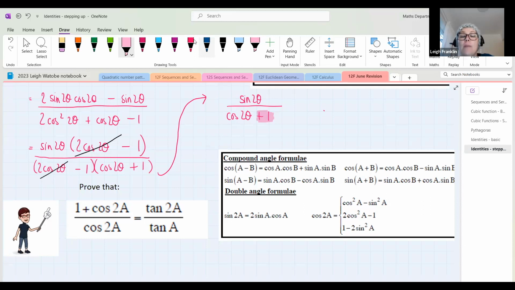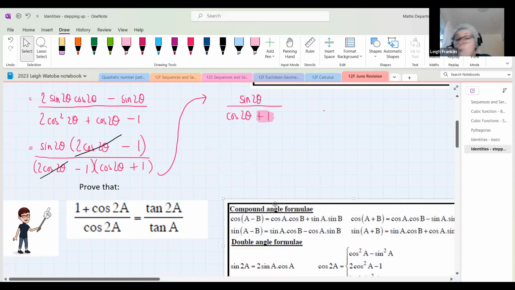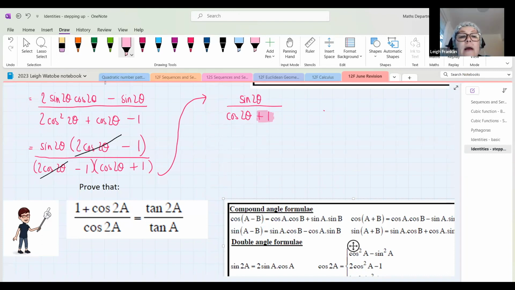Okay, so I'm going to go with the middle option, 2 cos squared theta minus 1. The other thing that I can do is rewrite sine 2 theta in the numerator as 2 sine theta cos theta, applying my double angle formulae.